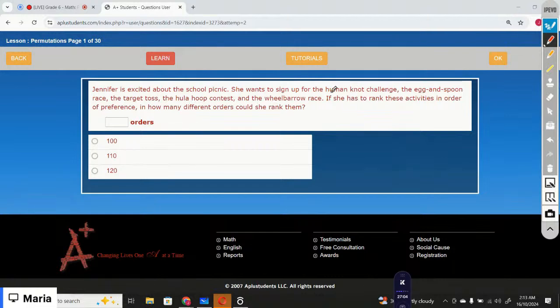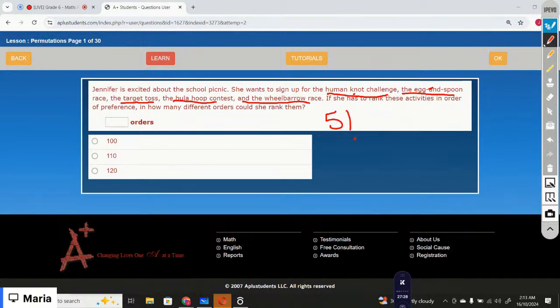She wants to do the Hit and Knot challenge, the egg and spoon race, the target toss, the hula hoop contest, and the wheelbarrow race. If she has to take these activities in order of preference, how many different orders could she rank them? So she has one, two, three, four, 5 options. You have to evaluate 5 factorial.